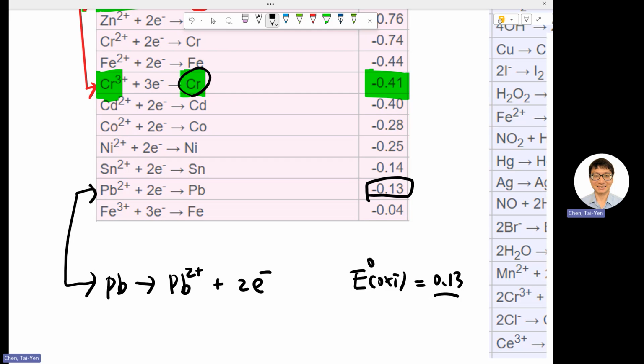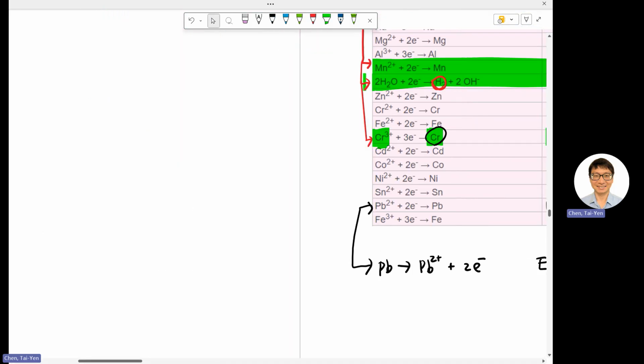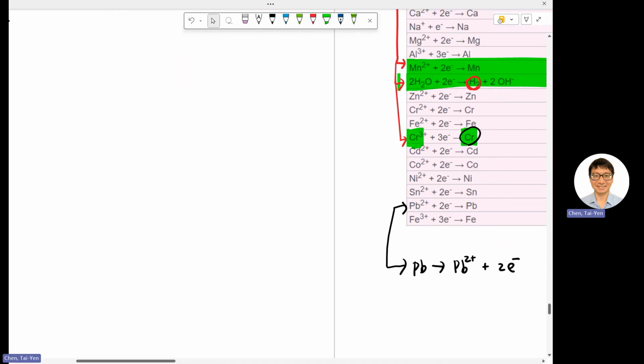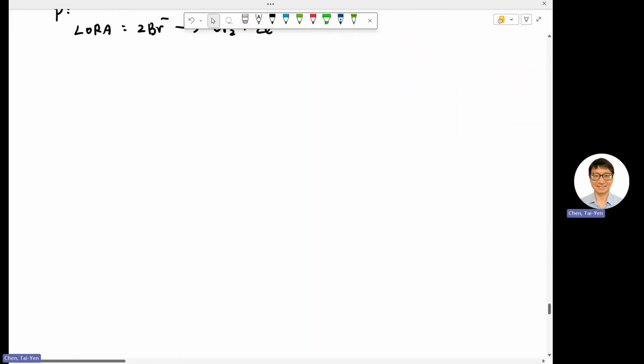That will be your answer. Okay, is that clear? We're going to use the question to practice that. If you see this type of question, it becomes very easy. You just check the table and you will know whether that is the answer you are looking for.